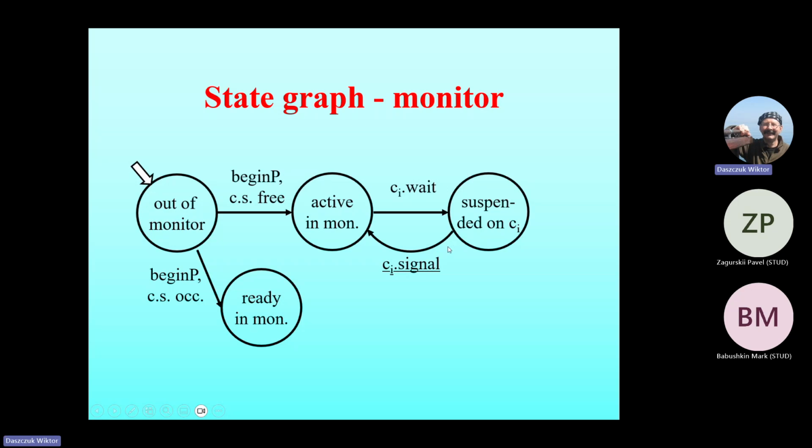If another process executes signal on the same condition variable, the underlined signals, the underlined operations, are issued by another process than we take into account in this graph. So the other process executes signal that resumes our process.